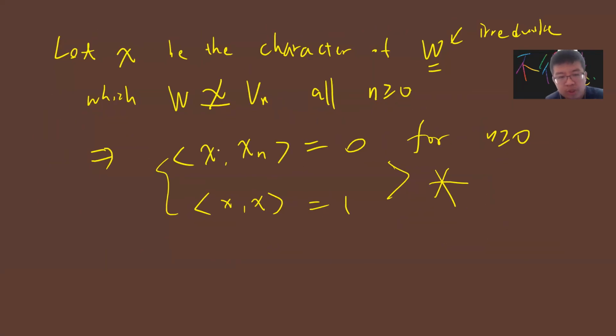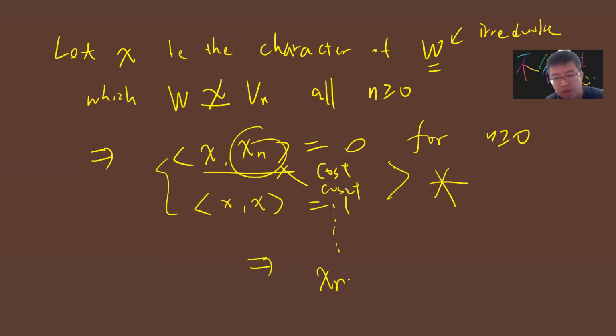If your chi is orthogonal to all the cosine functions, cos t, cos 2t, and cos 3t, then finally you will get chi is 0, because chi_n contains all of cos t, cos 2t, up to cos nt, and n can be arbitrarily large.